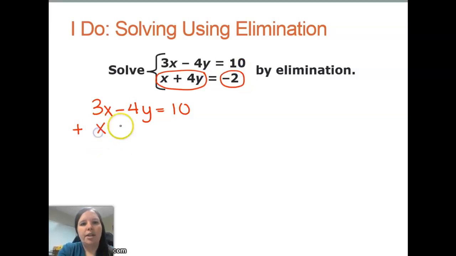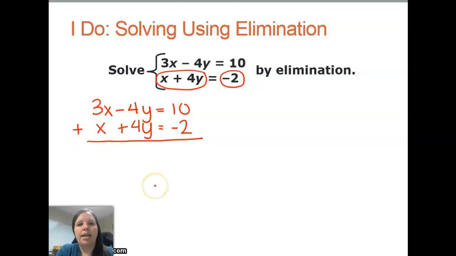So on the left side of the equation, I'm going to add x plus 4y. And on the right side, I'm going to add on -2. Now, why can I do that? It's because this statement is saying that x plus 4y is equal to -2. So if I add that on to both sides, in other words, adding the two equations together, then I haven't broken any rules.